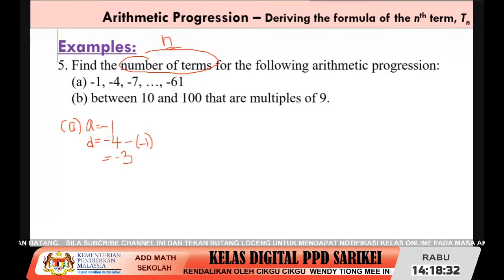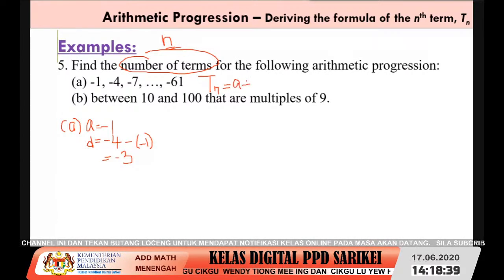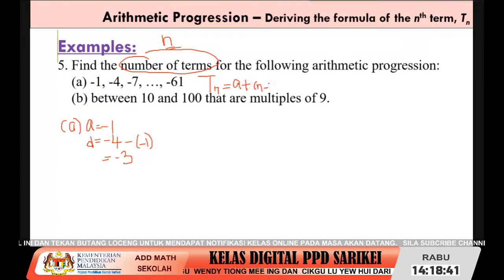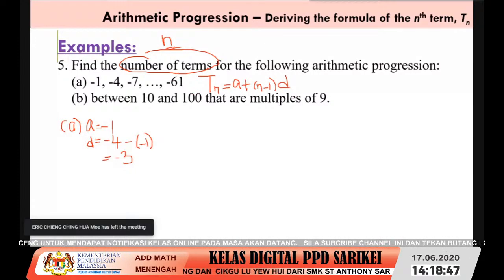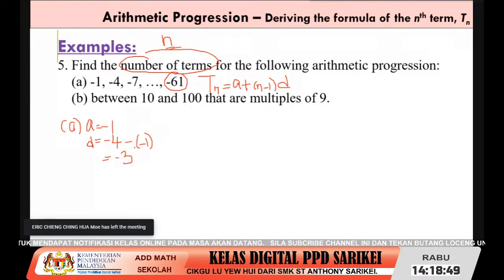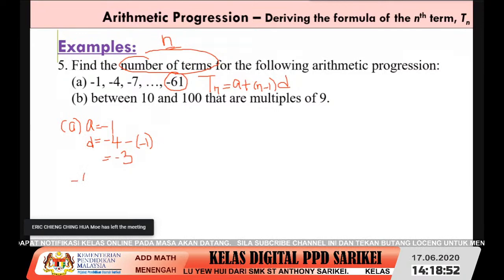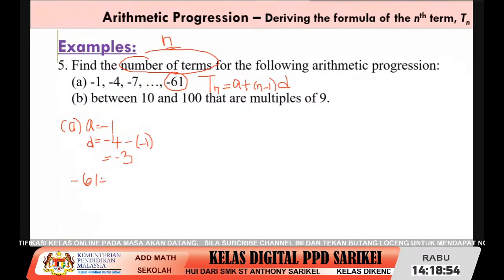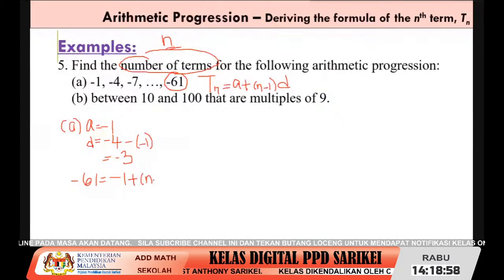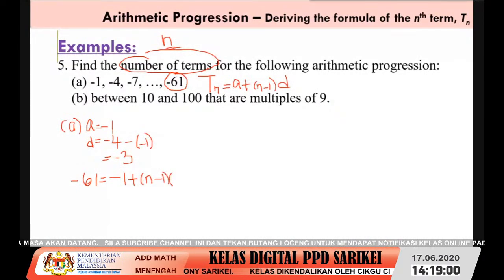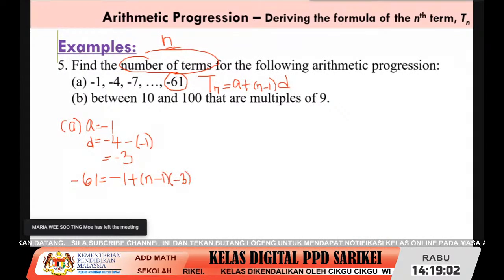So how we find the value of n? From the formula Tn equal to a plus n minus 1 d. So we assume that the last term is Tn. So -61 equal to a plus n minus 1 times d, which is -3.